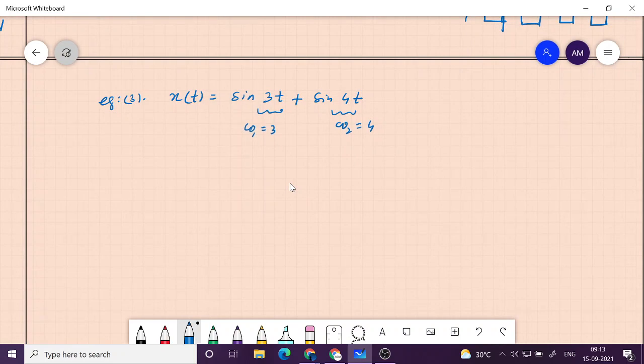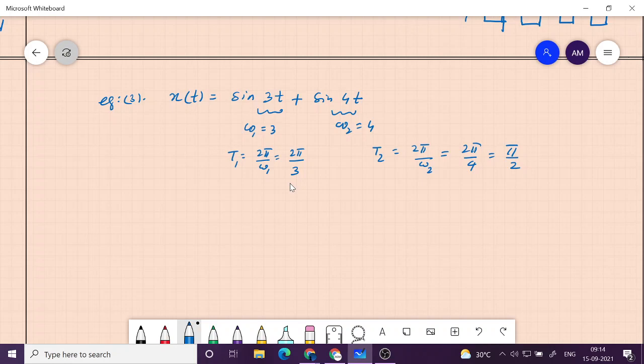So the only thing we need to find out is the period of each signal. The first signal has a period T1 equal to 2 pi by omega 1, so that is 2 pi by 3, and similarly T2 is equal to 2 pi by omega 2, which is 2 pi by 4, or you can write it as pi by 2.